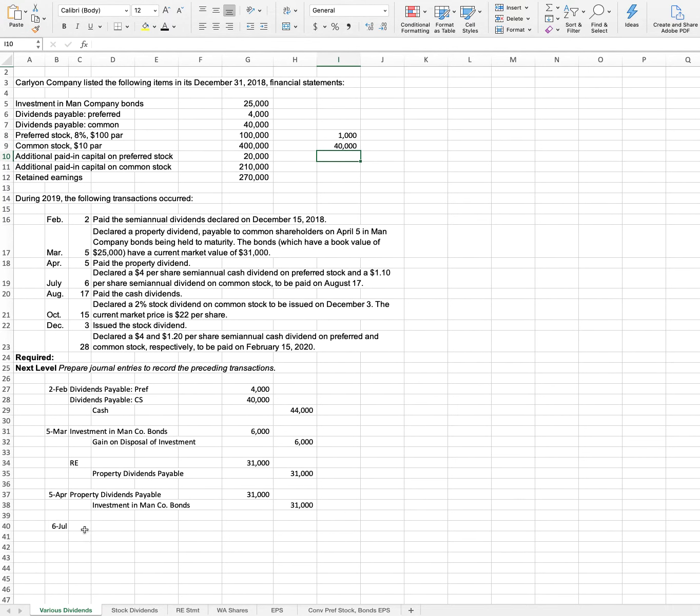So now on July 6th, we're going to be debiting retained earnings and crediting our dividends payable preferred and our dividends payable common. And so we'll do the math on each of those and then sum that into the retained earnings. So the dividends payable for the preferred was $4 per share, so 4 times our 1,000 shares. The common stock was $1.10 times our 40,000 shares. So we have 48,000 of retained earnings debit.